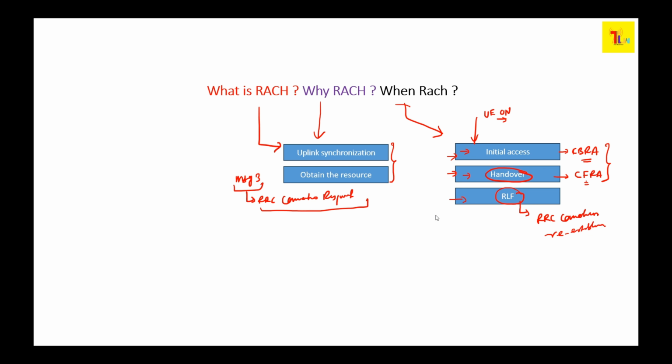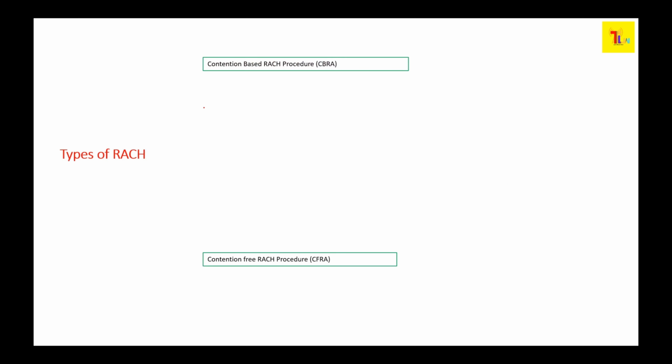Now the question comes: what are the types of RACH? When we talk about the types of RACH, it is basically defined as the contention based RACH procedure and the contention free RACH procedure. Contention free, or non-contention based RACH procedure, you can call it. So what exactly does the word contention mean? Try to understand the word contention. Contention means a kind of tension, or a kind of argument between two or multiple entities.